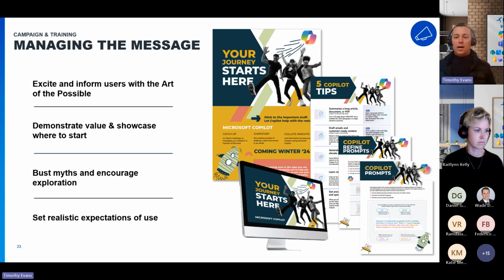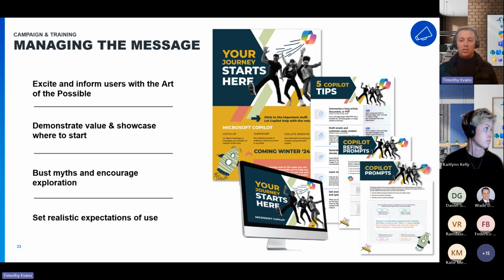So what we want to think about when navigating this space, and I'll click through my graphics here, is forming this campaign and message of an excitement around the change and transformation. Driving excitement is really critical to the success of your implementation. And it really helps you find out what is possible, developing those key use cases and demonstrating value add with Copilot.